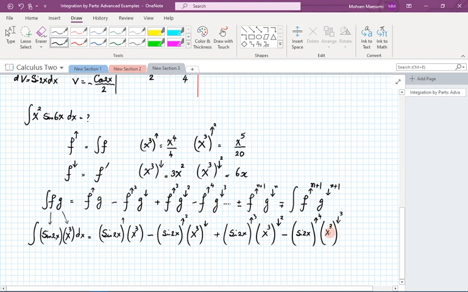Now remember, if you take x cubed and differentiate it, you get x squared. Of course, some number, but this becomes x squared. Then it becomes x, then it becomes a number. If you do it one more round, you're going to hit 0. So it's good to put that last one inside the integral.